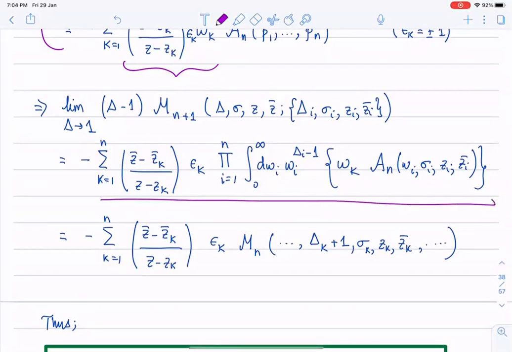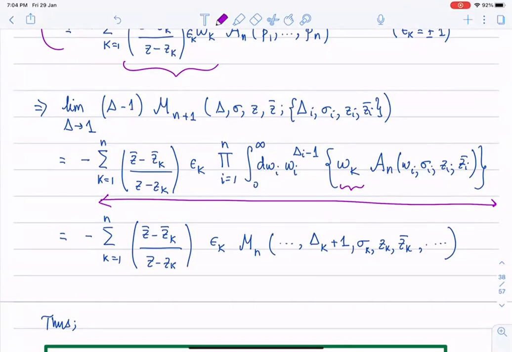Now what you can see from here is that from the soft theorem, we gain some additional factors of omega.